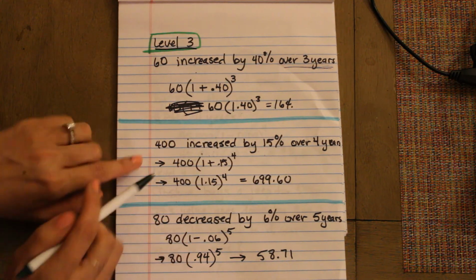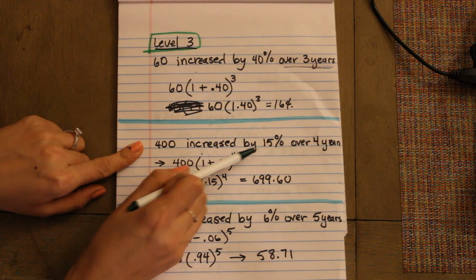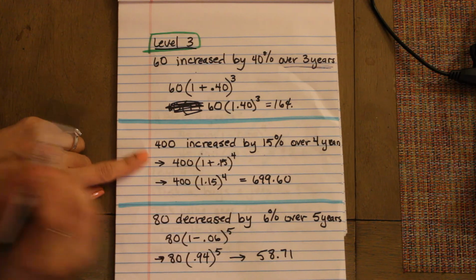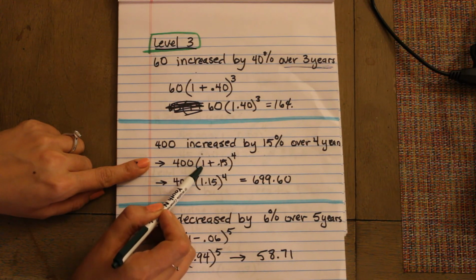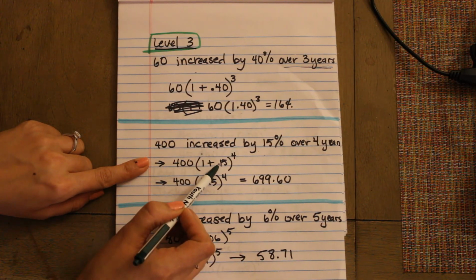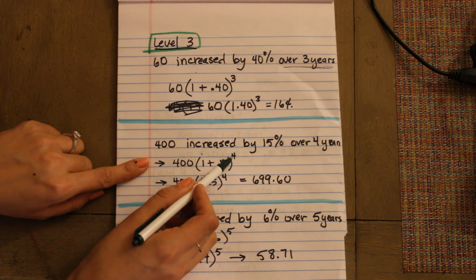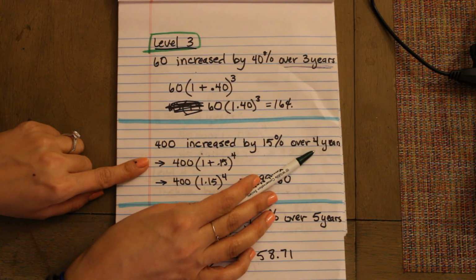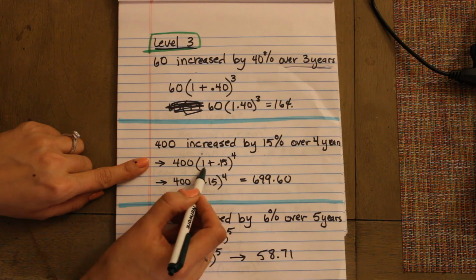Let's look at another problem. Similar increase. So 400 increased by 15% over 4 years. So this is going to be my equation. 400 times 1, always 1, plus, because of the increase, 0.15 from the 15%, and then that to the 4th power, because it's over the course of 4 years. Now, I'm going to add inside my parentheses first.